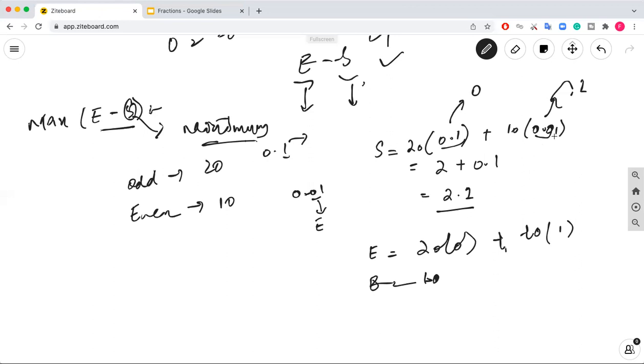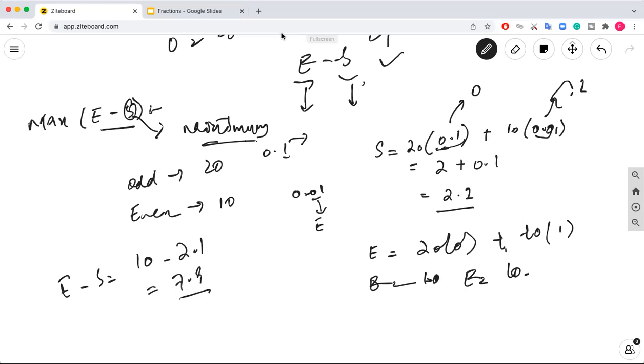For odd, this is 0, and for even, this will become 1. So that's why the sum is equal to 10. Now, as the question asks for E minus S, the maximum value will be 10 minus 2.1, which is 7.9. This could be the maximum value of E minus S.